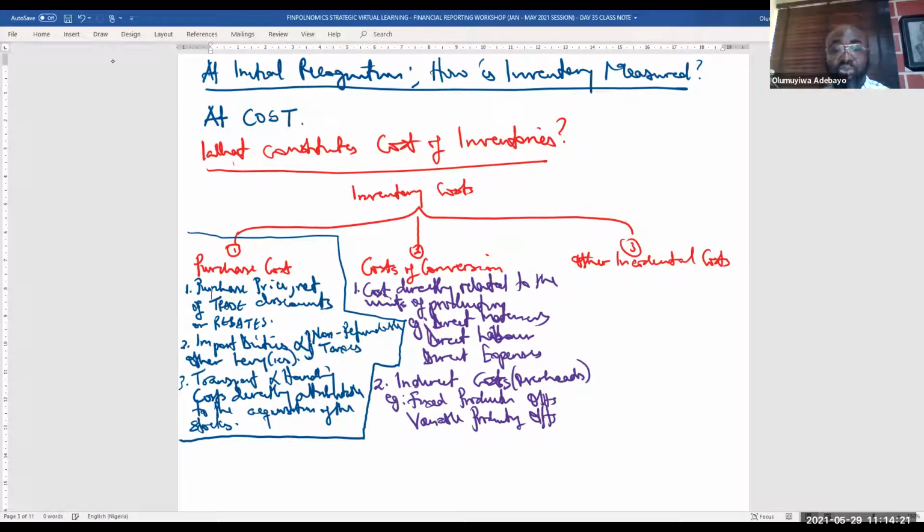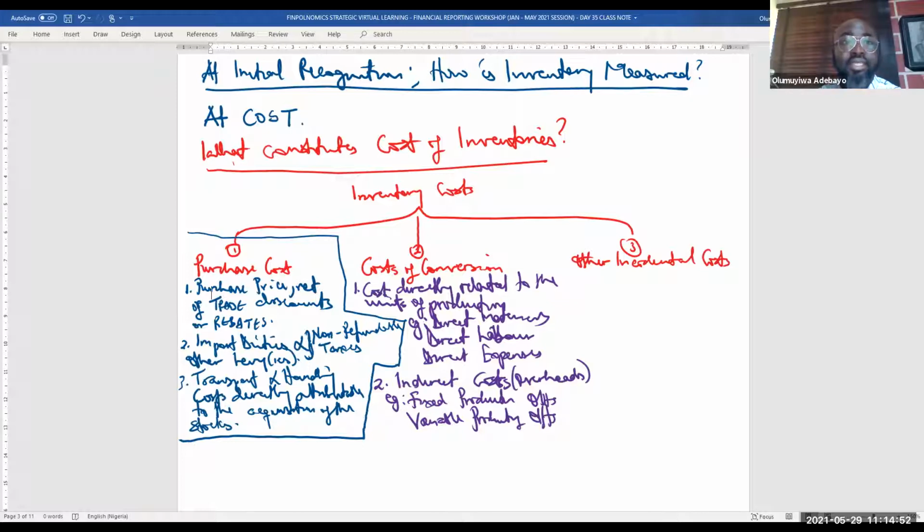And these overheads will be in tune with the system that has been adopted in your manufacturing setting or production setting, be it marginal costing techniques or full absorption costing techniques, which we'll do in performance management, or what people call cost accounting or managerial accounting.